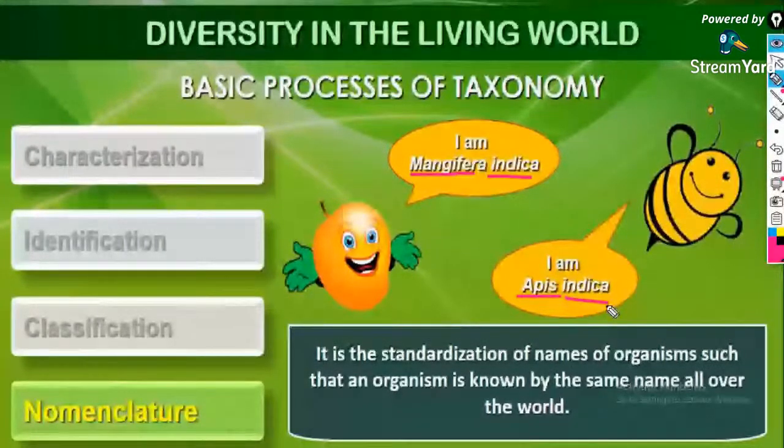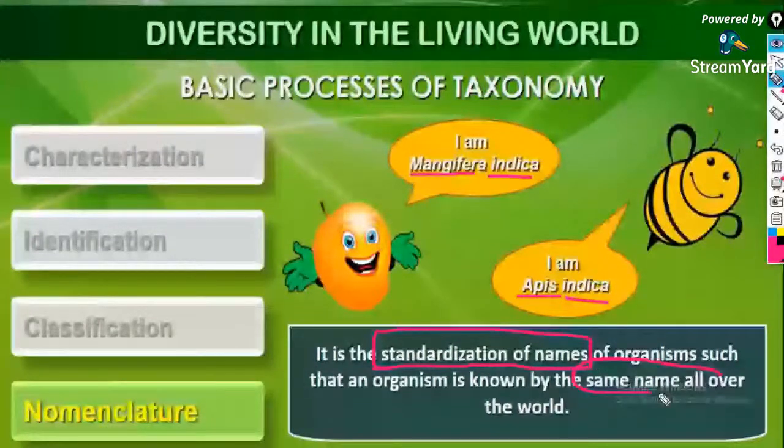I'll be giving you the cheat code for all these terms, in which terms you have to study. So, Mangifera indica means mango, Apis indica means honeybee. Nomenclature means the standardization of the names of organisms such that an organism is known by only a single name all over the world.